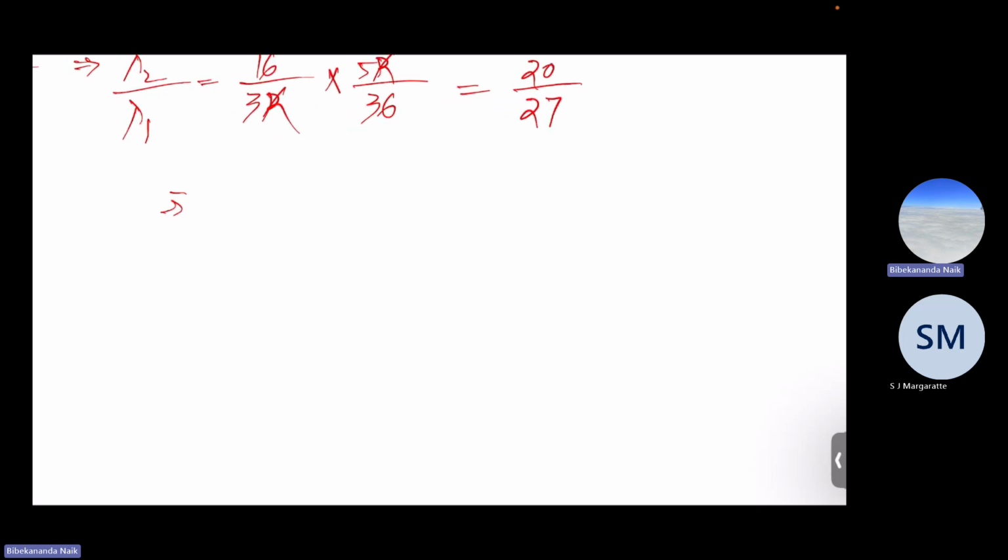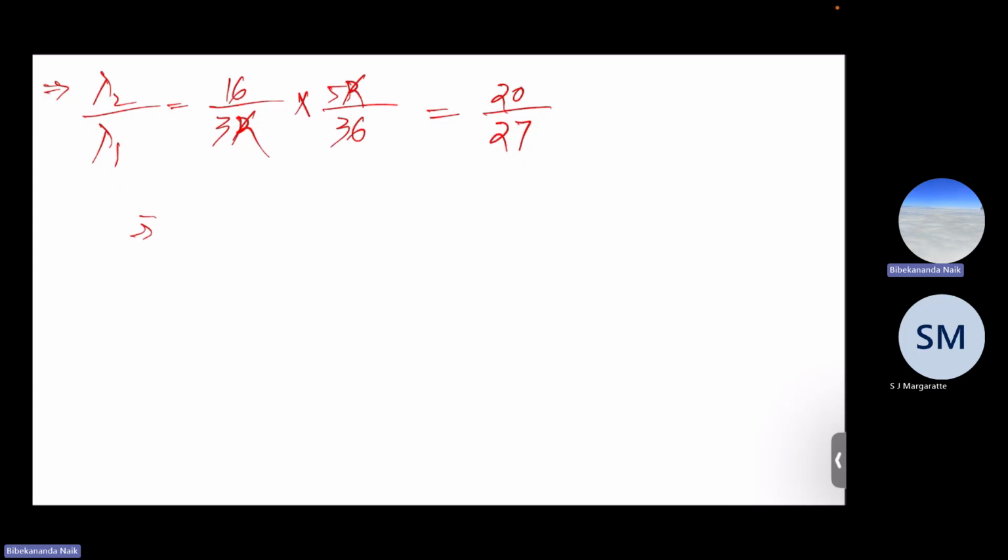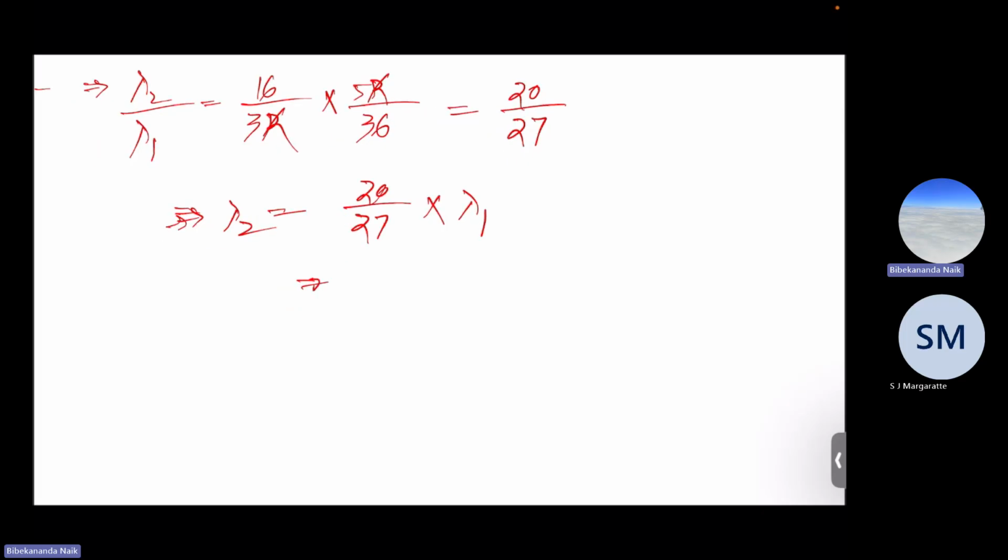So what is lambda 2? Lambda 2 is 20 by 27 into lambda 1. Lambda 1 was given as 6561 Armstrong.